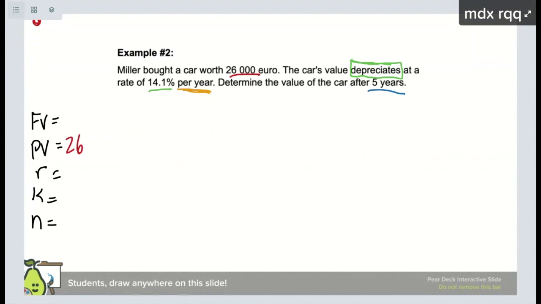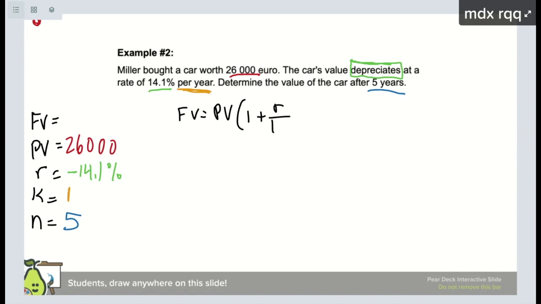And like this person said before, oh, that means negative. Well, that means my interest rate is now negative. Okay, that's 1, because it's once per year, and 5 years. There you go. And again, we just take our formula, equals PV, 1 plus R over 100, K, KN, and we just put in what we know.